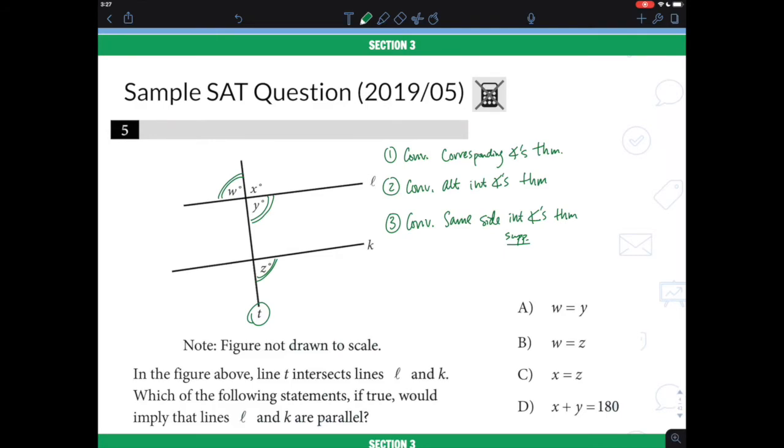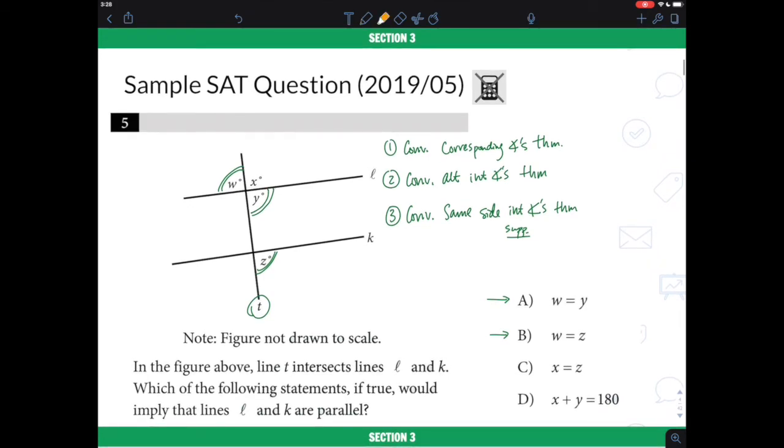Now we have a huge advantage here. We have some good hints. So now we have to consider: is it this or is it this? Because they are both true statements. But don't forget about the question. The question was, which one of the following would help imply that lines L and K are parallel?